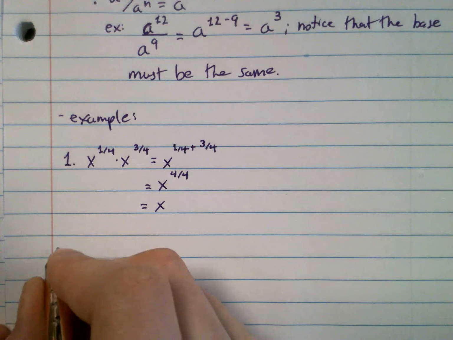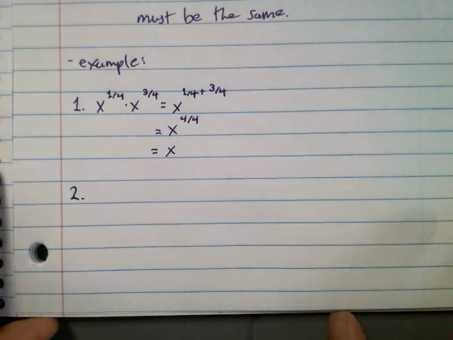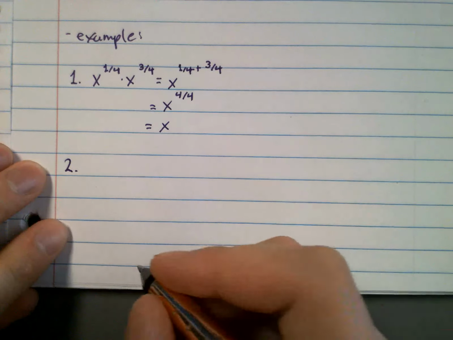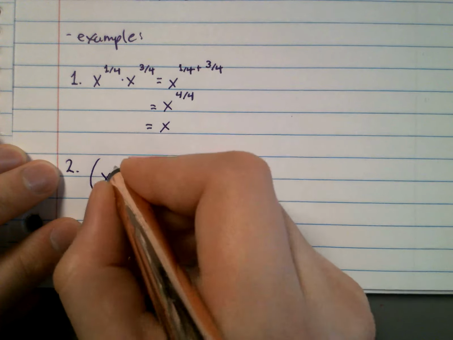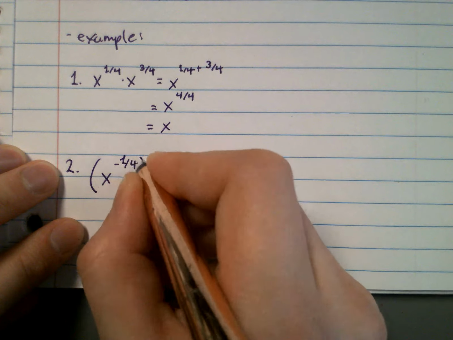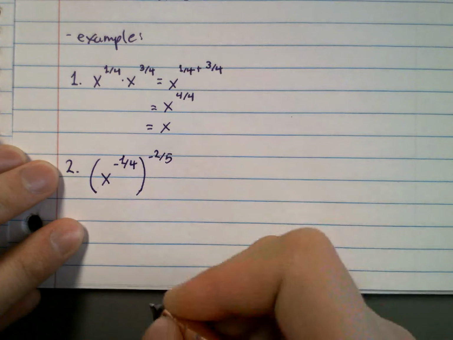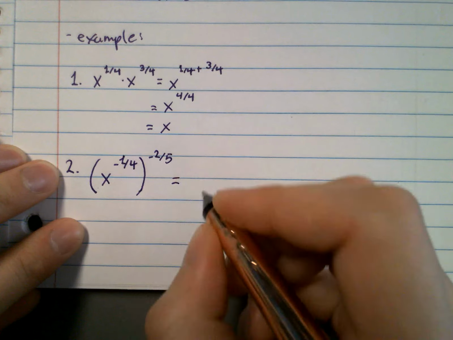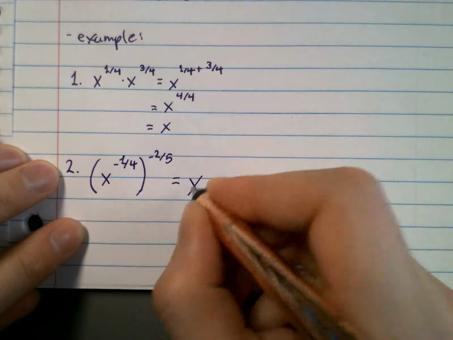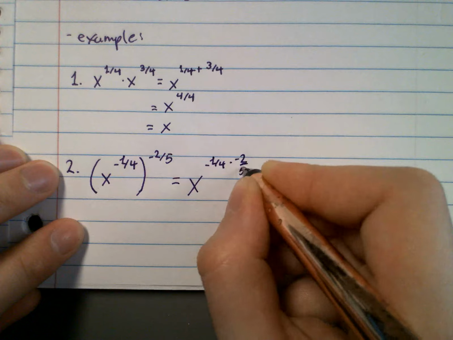Number 2. We've got x to the negative 1/4, to the negative 2/5. If I simplify that, I have x to the negative 1/4 times negative 2/5.